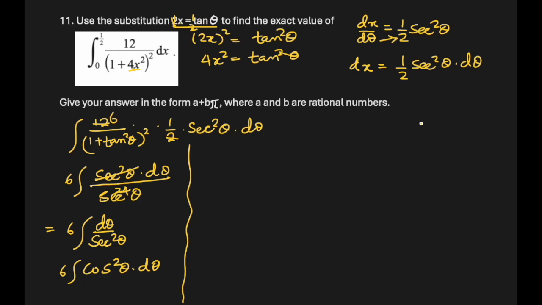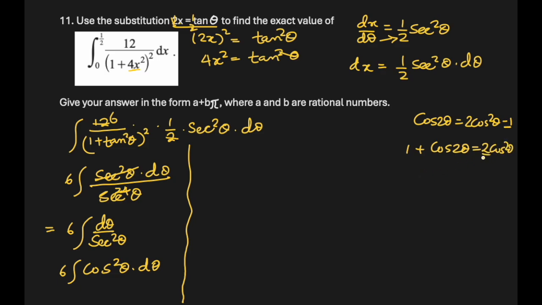How? We'll have to use this. Cos 2 theta is equal to 2 cos square theta minus 1. This is an identity, and if I bring this 1 here, it becomes 1 plus cos 2 theta equal to 2 cos square theta, right?